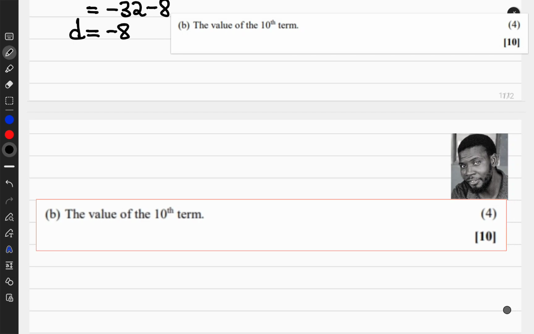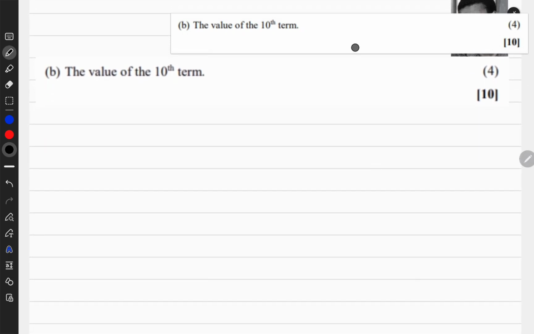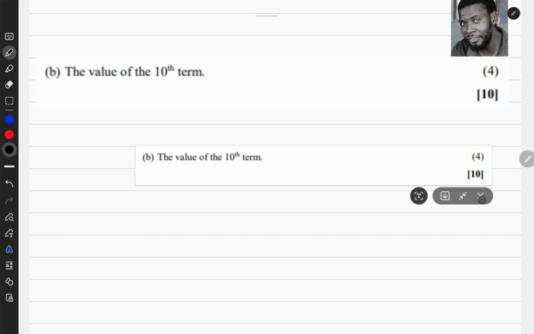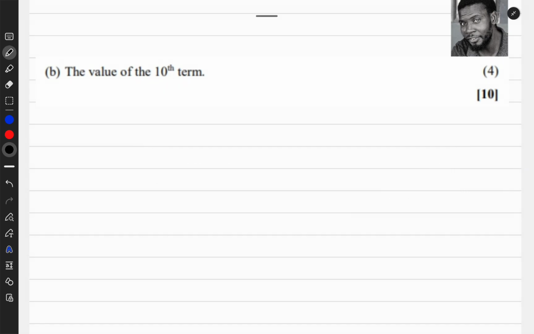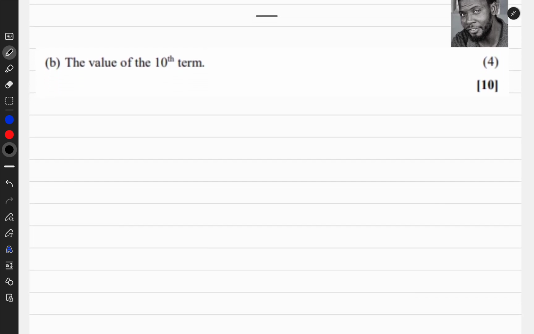Here's our last question. They say we need to determine the value of the 10th term.